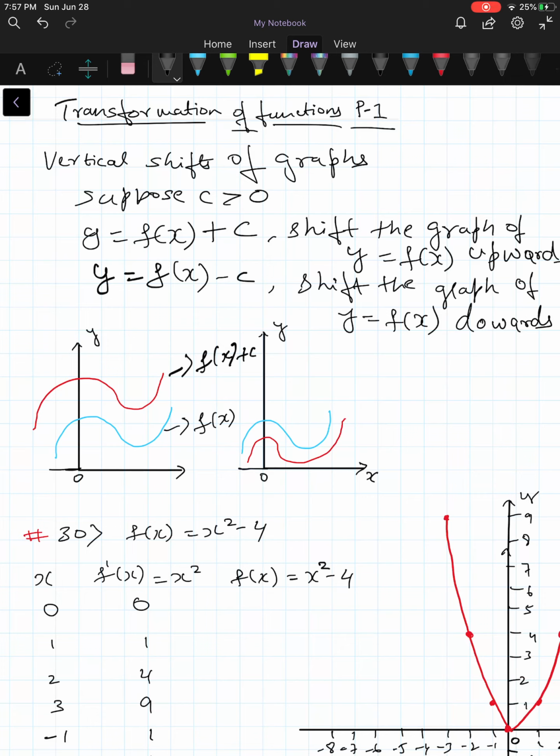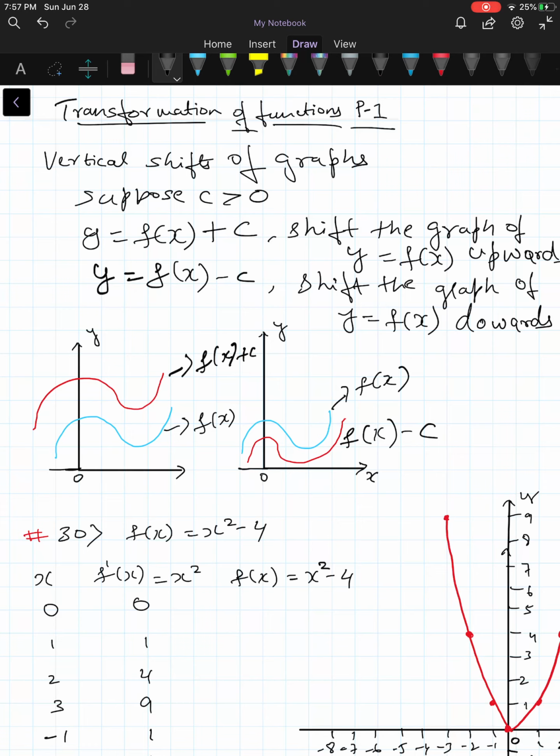The same applies to the picture next to it. If the original graph is in blue, the graph has been shifted below the original graph, therefore you are subtracting a value c from all the functional values of the original graph.